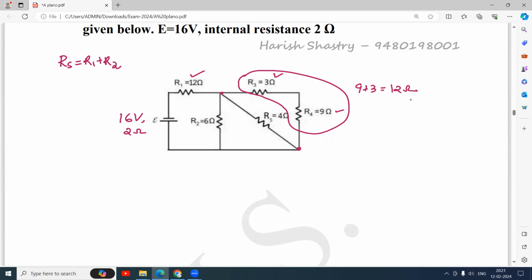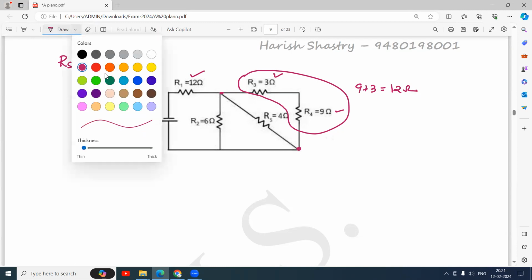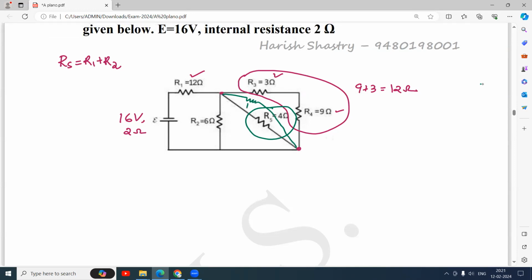Now that 12 ohm has to be put instead of this 9 and 3, and it has to be put parallel to the 4 ohm resistor. So here is a 4 ohm resistor. If you remove this, then 12 and 4 are in parallel.